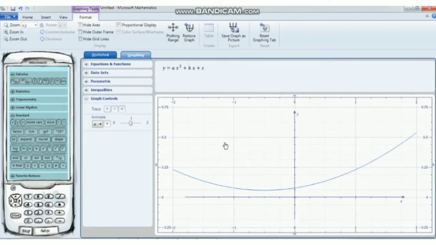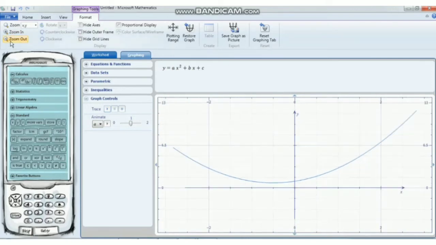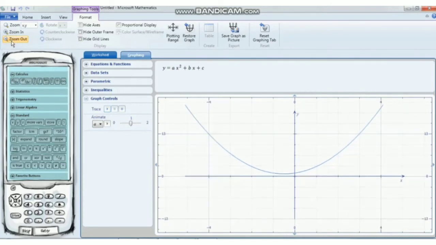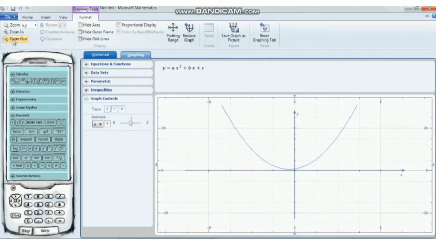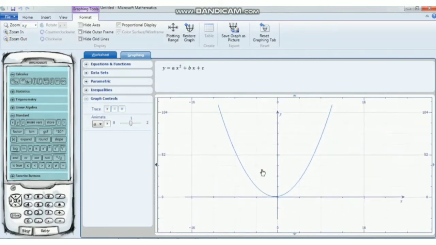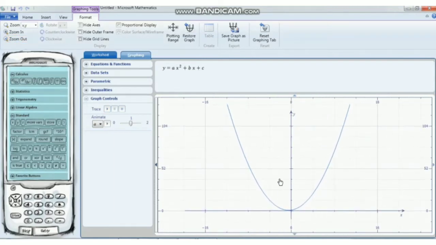We then zoom out the graph to know the shape of the graph. So this is the graph of y equal to ax squared plus bx plus c, and then we can trace to know its values of x and y on the graph.